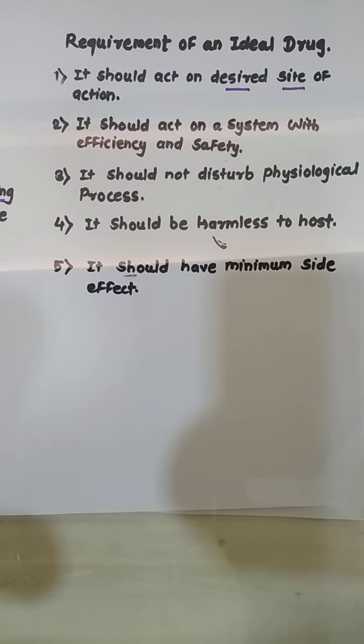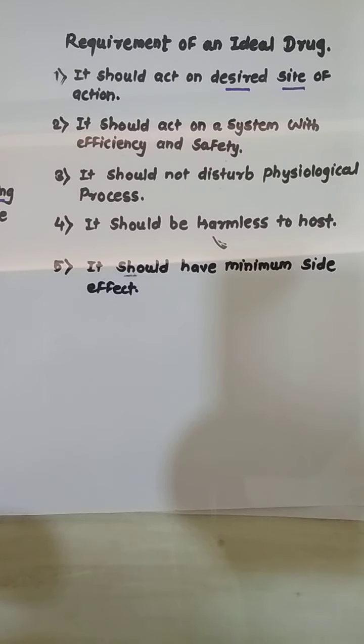For example, suppose an infection occurs in the respiratory system and we consume a drug. In such a case, the drug should act only on the desired site. It should not affect other body parts.